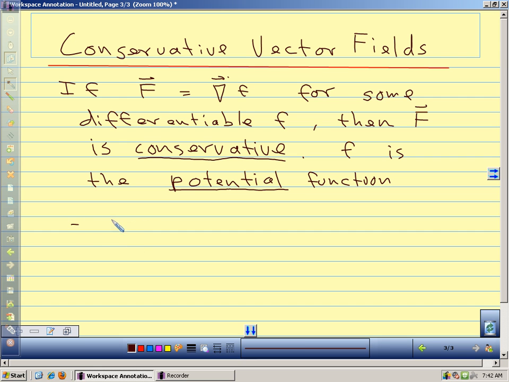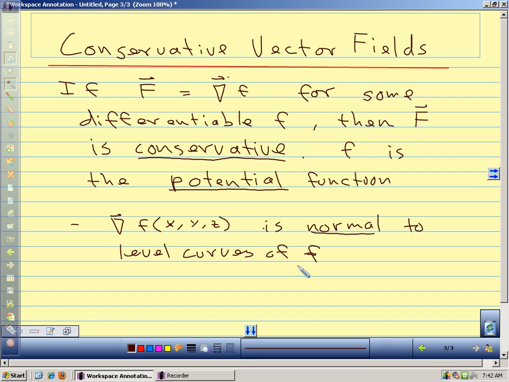And remember that del of some function, if we have f of x, y, z equals a constant, del f is normal to the level curves, and it's normal to the surface f of x, y, z equals a constant.